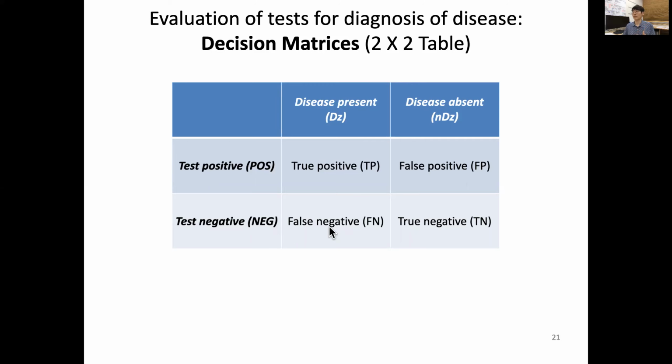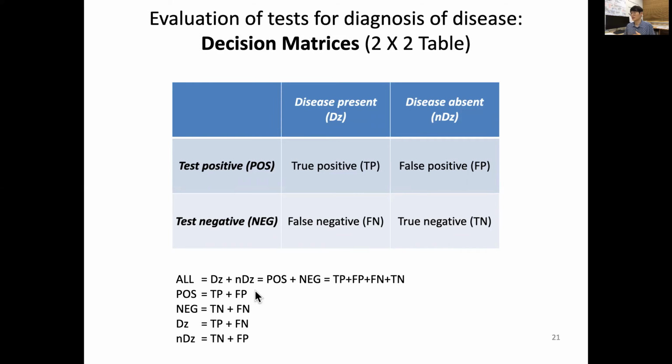That means a false negative. Does that make sense? So this is a very simple decision matrix, which lets us define more specific performance metrics. For this, we can say every case is disease plus no disease, or we can say there's only positive or negative.